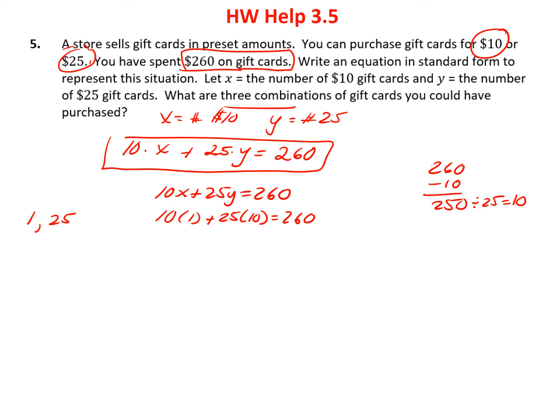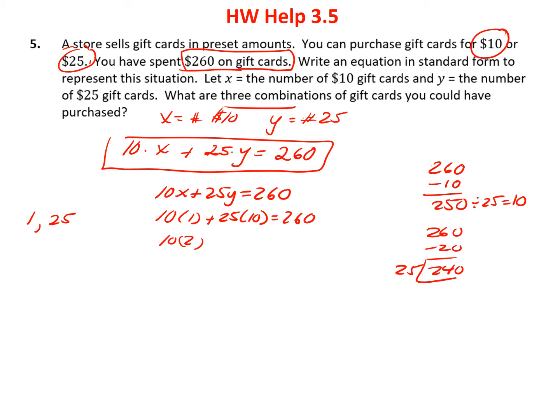Now at this point, it's good to notice that if I add a second card here, if I were to add 2 of these, notice that 260 minus 20 would give me 240, and 25 doesn't go into that evenly.